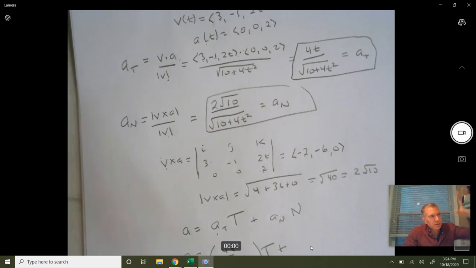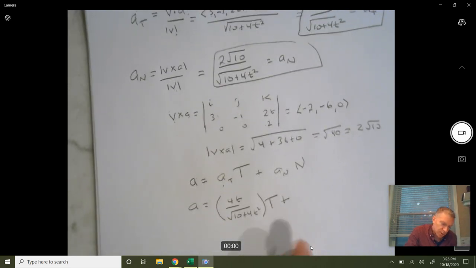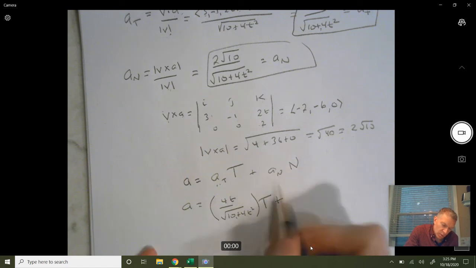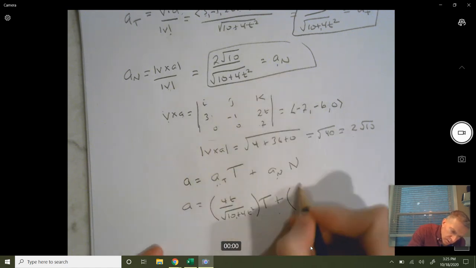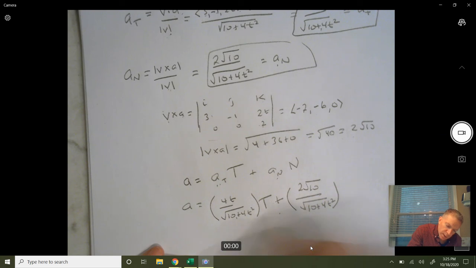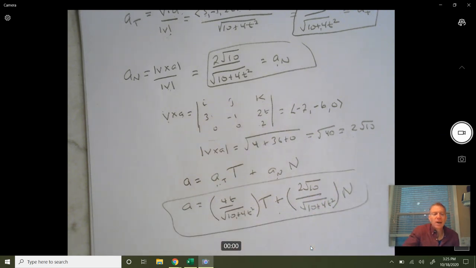Sorry, you can't see that. Just put the a sub t, which we found up here. Okay, put that right there. Plus the normal component of acceleration, which we found right here, 2 rad 10 over square root of 10 plus 4t squared, multiplied by your unit normal vector. So you can break that down, and that's going to be really helpful in the sections and chapters to come.